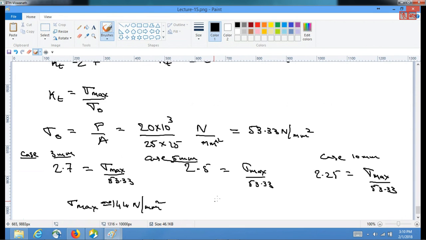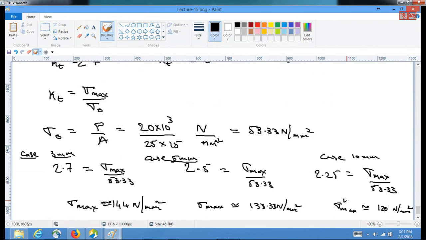In the second case, sigma max is approximately 133.3 Newton per mm square, and in the last case sigma max is equal to 120 Newton per mm square.